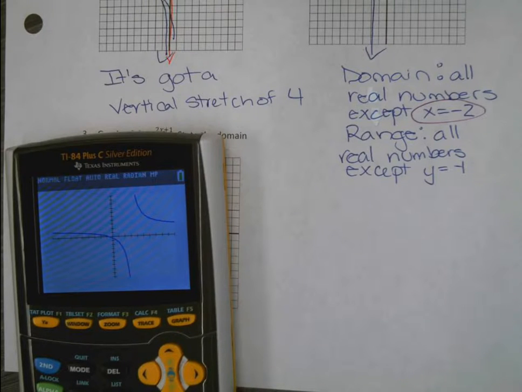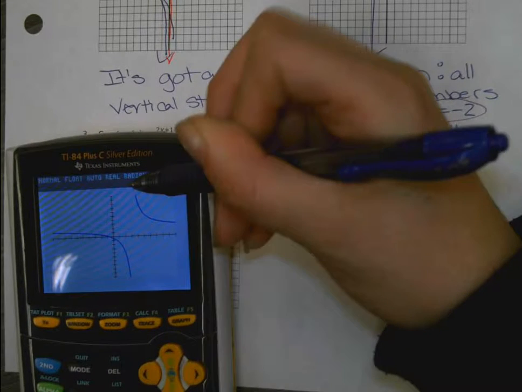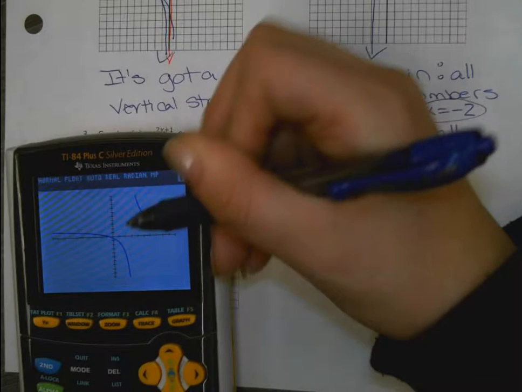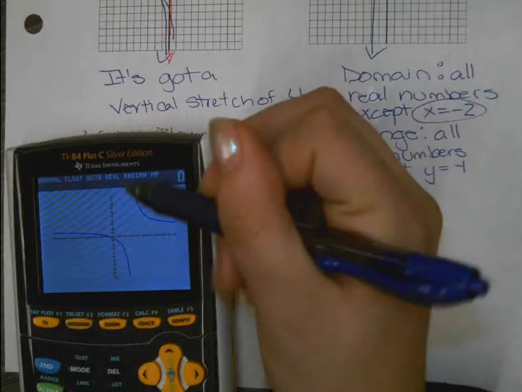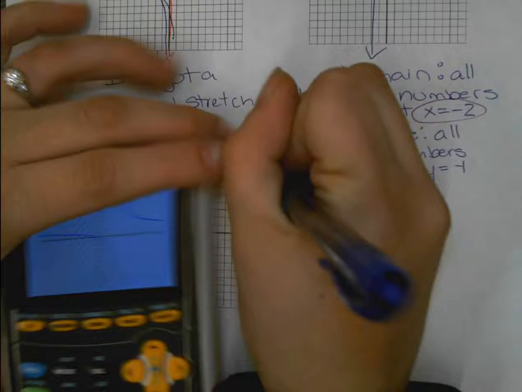Okay, so where are the asymptotes in this graph? Where does it not cross in this graph? What's the x value right here where it's not crossing? 3.